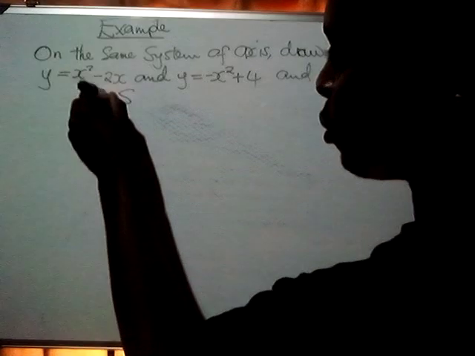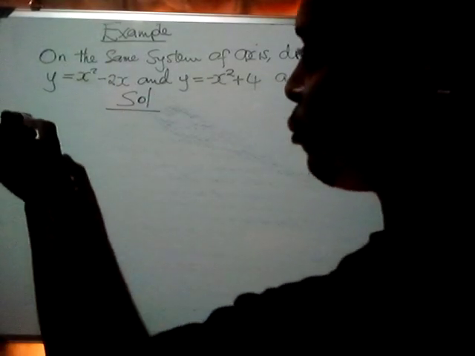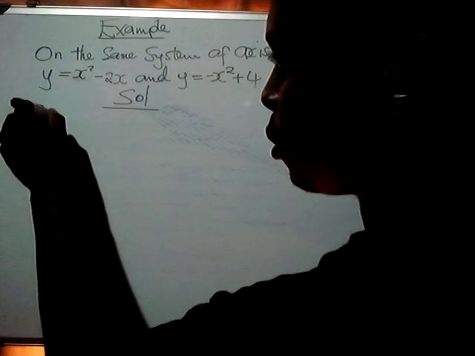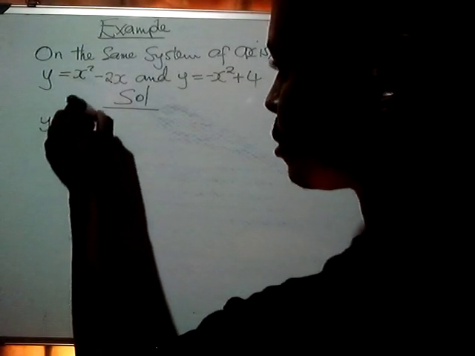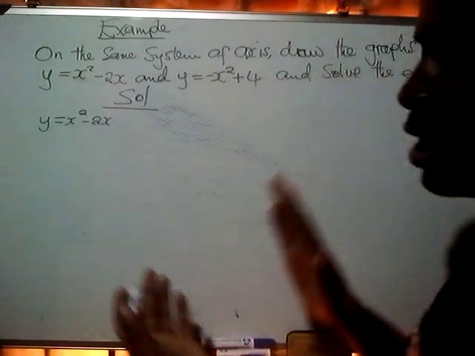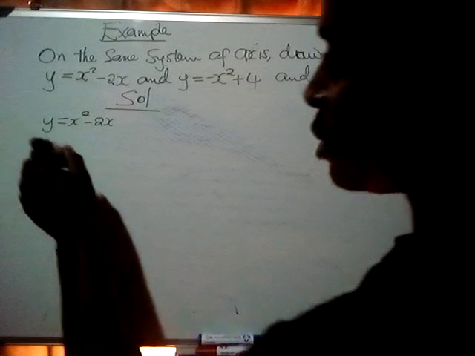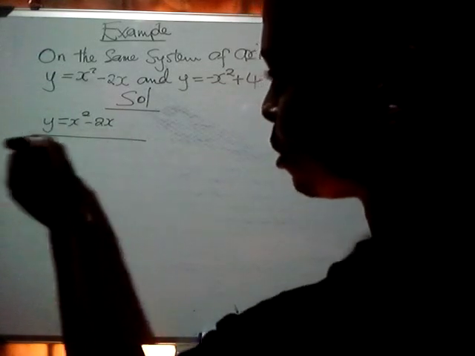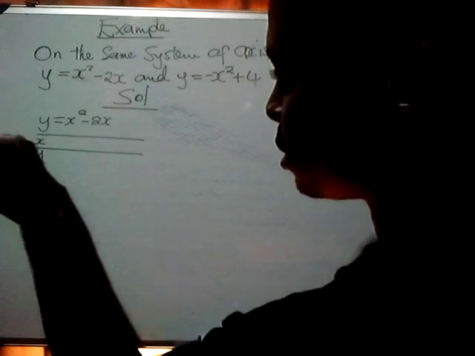So the first thing is that here we have to come up with a table of values. The table of values has not been given, so I'll just come up with my own. I'll have my x and my y like that.